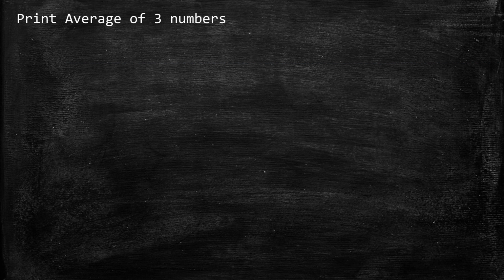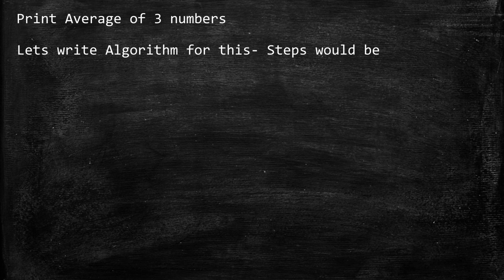Now let's take another example to print the average of three numbers. As the problem statement says, we have three numbers and we need to print the average of them. So let's write an algorithm for this.